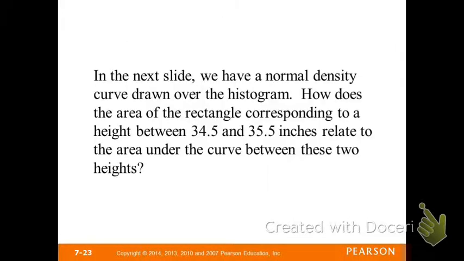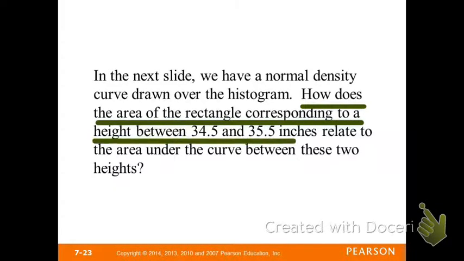Now, if we take this and draw a normal density curve over the histogram, they're asking us to see how the area of the rectangle corresponding to a height between 34.5 and 35.5 inches relates to the area under the curve between those two heights.